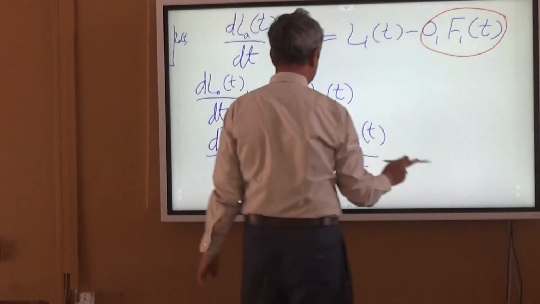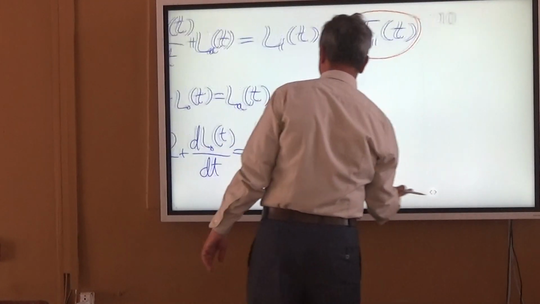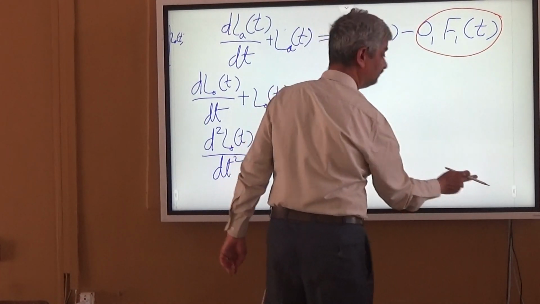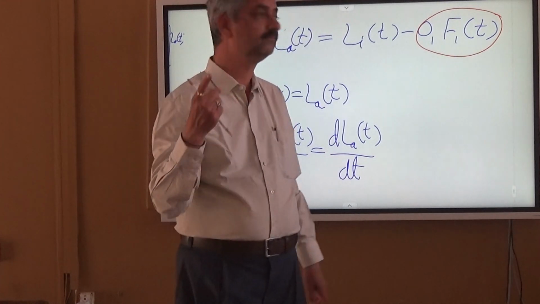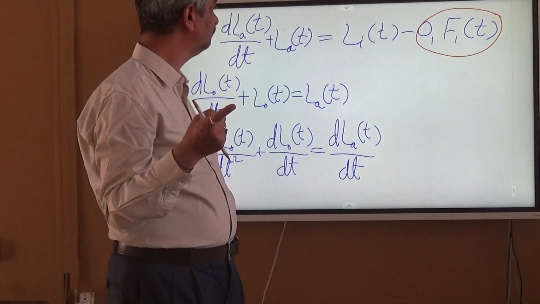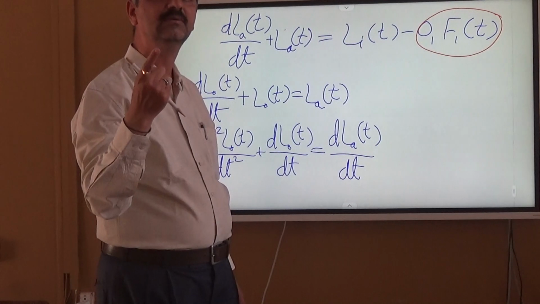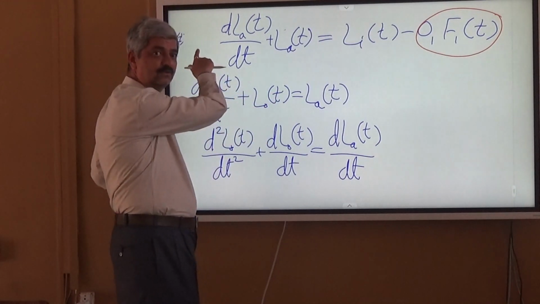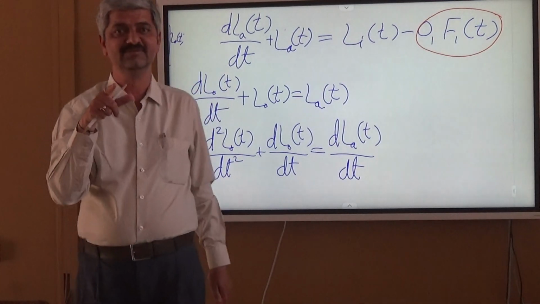We get here, in the first equation, O1 into A1 will also come. So O1 into A1 into dLAT by dt will come. O1 into A1 we consider as 1.